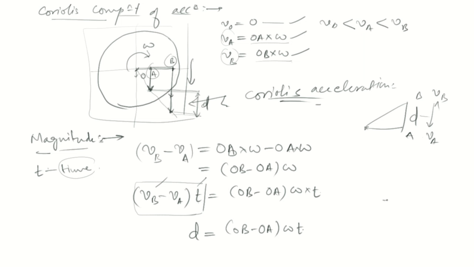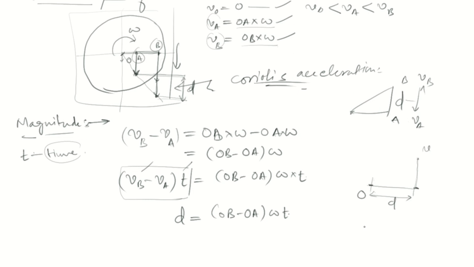Now let us assume that an object has started with 0 initial velocity and has achieved some velocity v at this point and has covered the distance d. So the distance is given by d is equal to ut plus half at square, where u is equal to 0. That means d is equal to half at square.